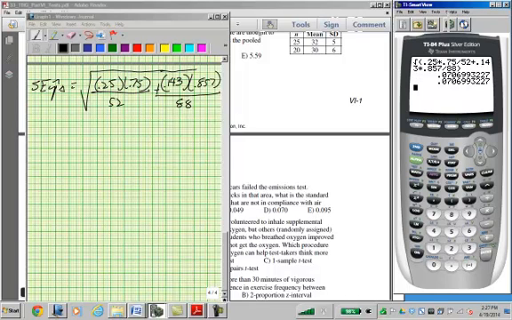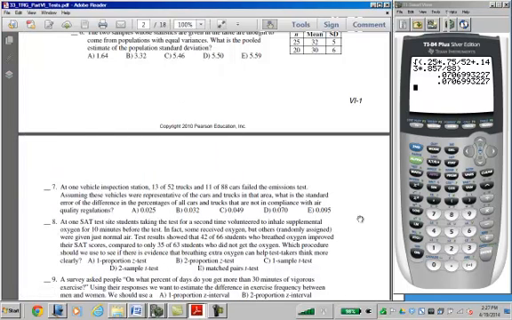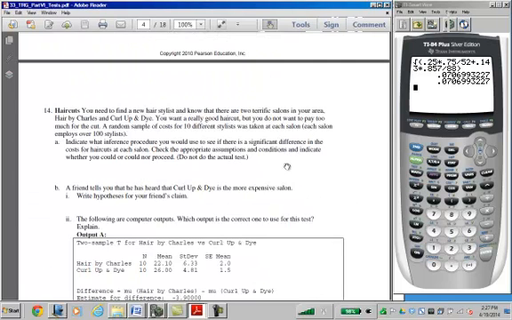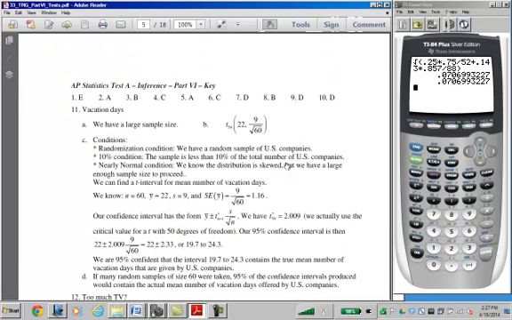Okay, 0.0706. Now, any of the answers resemble this? 0.070, yeah. Pretty sure it's the right answer. Let's just double check. 7 is D. Yeah, okay.